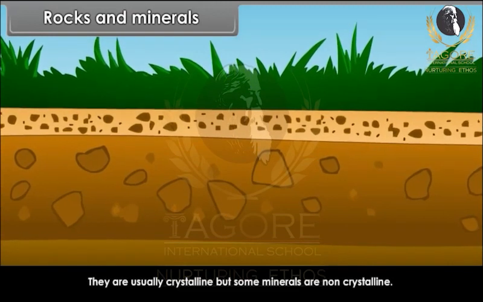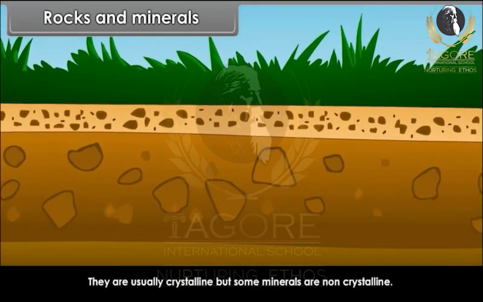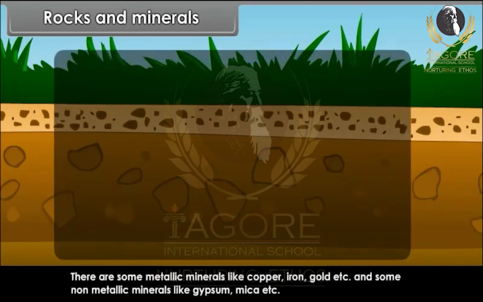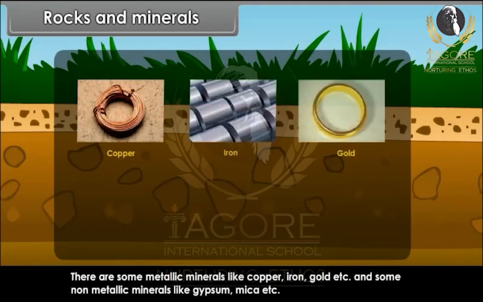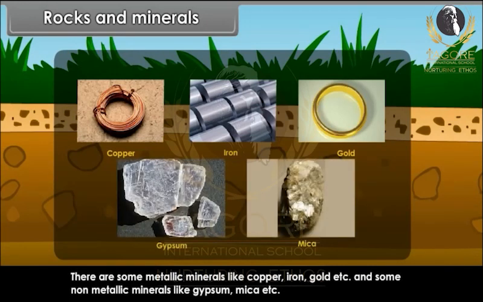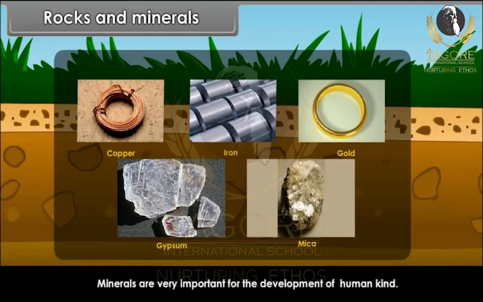They are usually crystalline, but some minerals are non-crystalline. There are some metallic minerals like copper, iron, gold, etc. and some non-metallic minerals like gypsum, mica, etc.